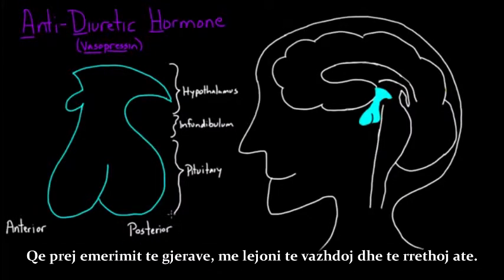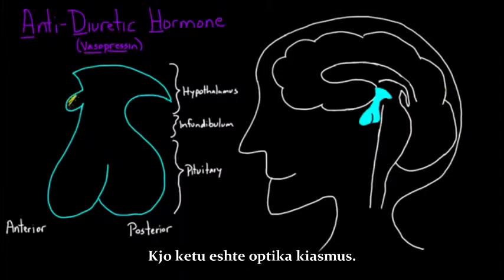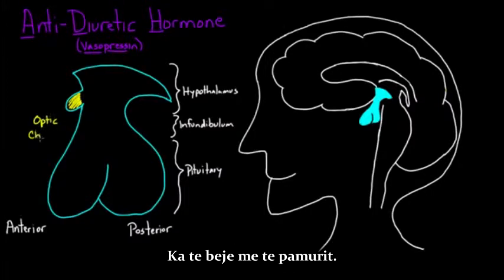And since we're naming stuff, let me just go ahead and round it out. This right here is actually the optic chiasm. It has to do with vision. So I'm just going to write optic chiasm so you know what we're talking about.